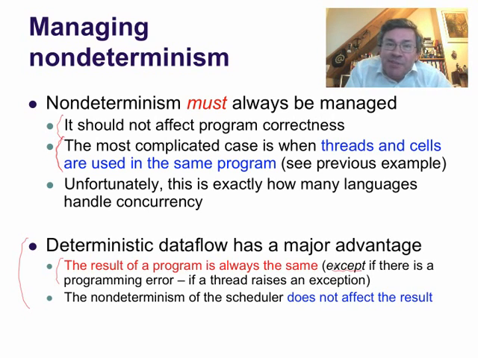So the error introduces observable non-determinism. There are ways to manage that, but basically, assuming your program is correct, like the pipeline programs I showed before, there will never be any observable non-determinism. In fact, whatever the scheduler does, all the non-determinism of the scheduler does not affect the result. And this is really a major advantage of deterministic data flow.